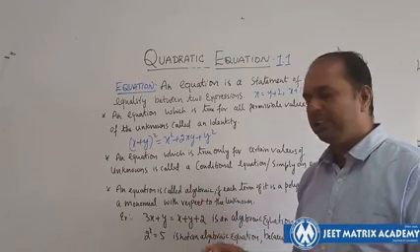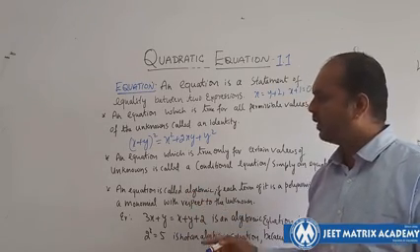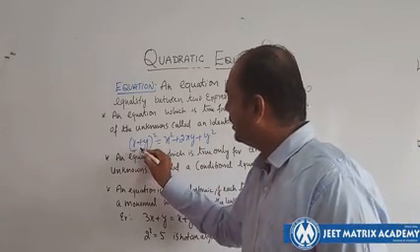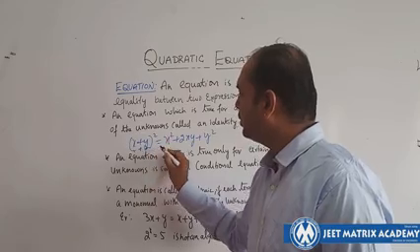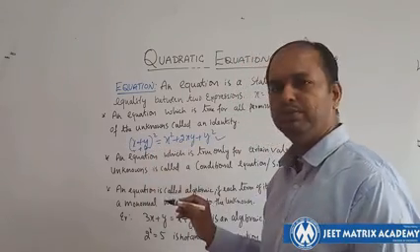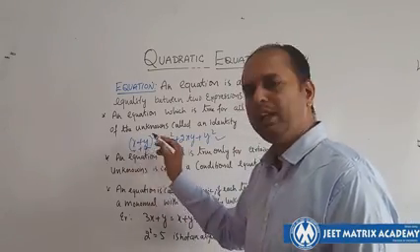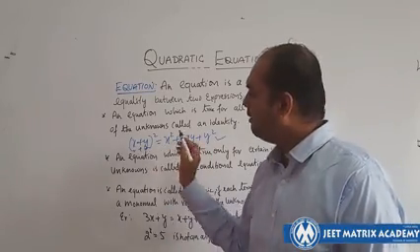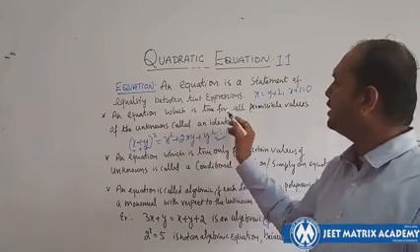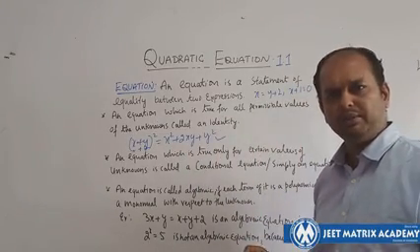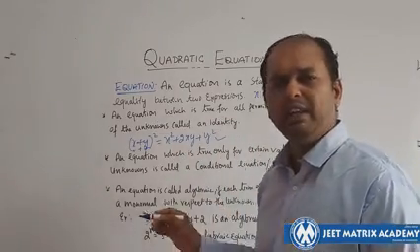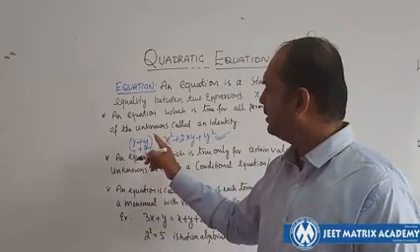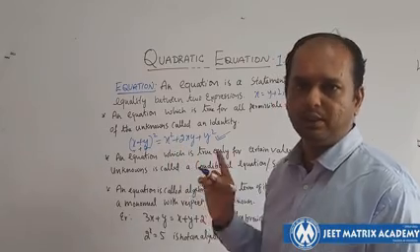Why do we call this an identity? If you put x is 1, y is 2, it will be true. Put 0, 0, it will be true. Any real value you put, the left side equals the right side.